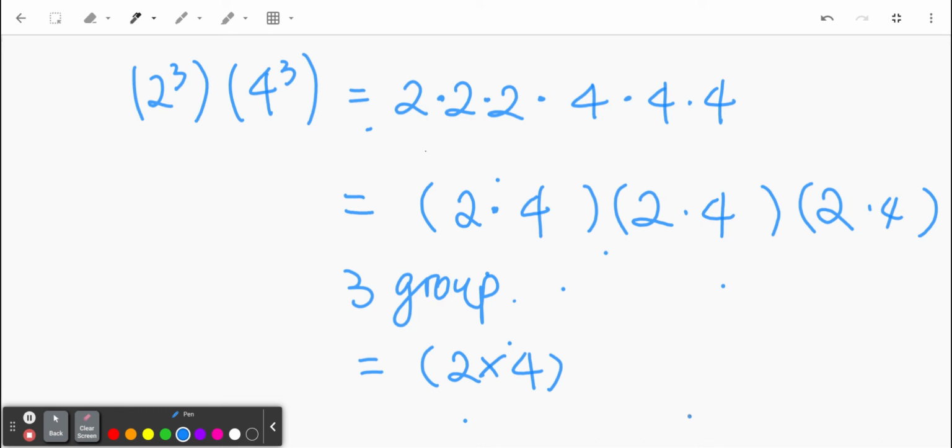To the 3. So, if you are to combine 2 times 4, Gabby, what is it to the power 3? 2 times 4 is 8. So it's 8 to the power 3.